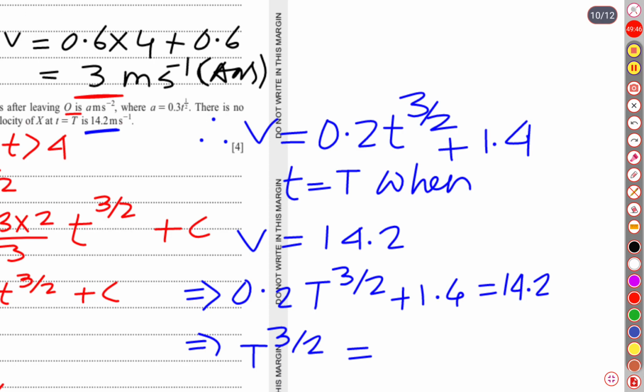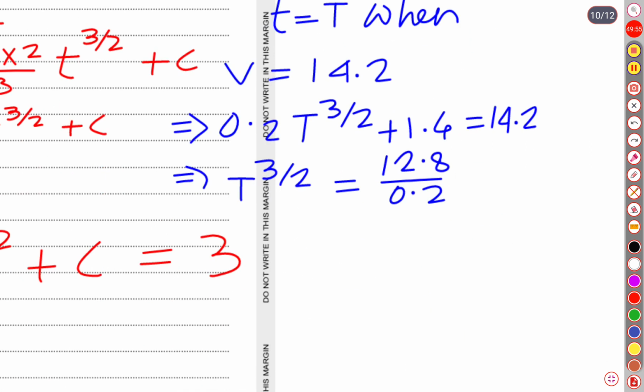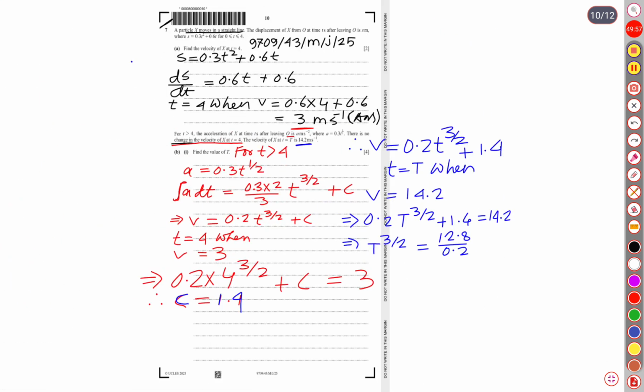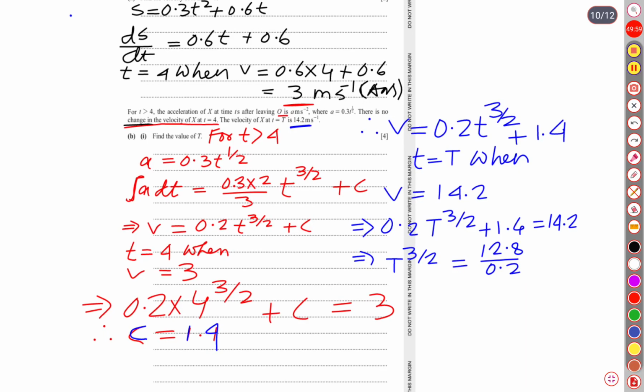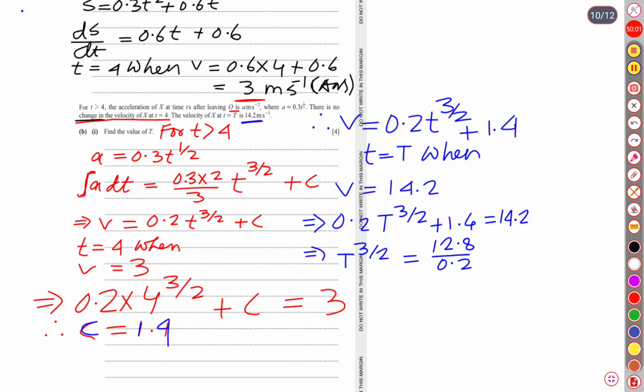So 12.8 over 0.2. Hence our T is going to be, if we divide this, it is 64.